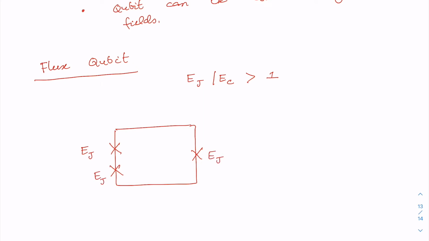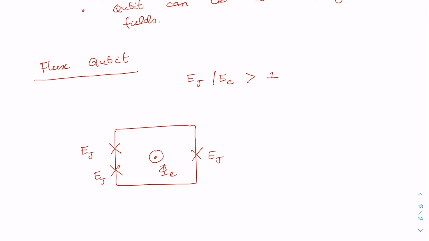Here EJ is greater than EC, so clearly the Josephson energy dominates over the charging energy, and this is coupled to an external magnetic field.